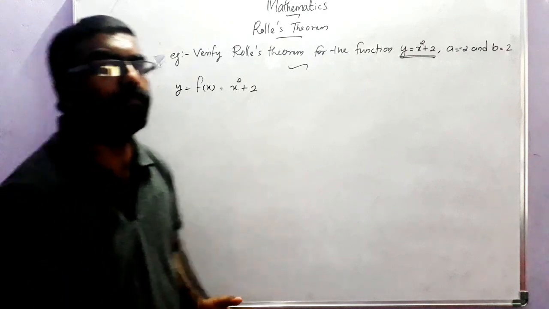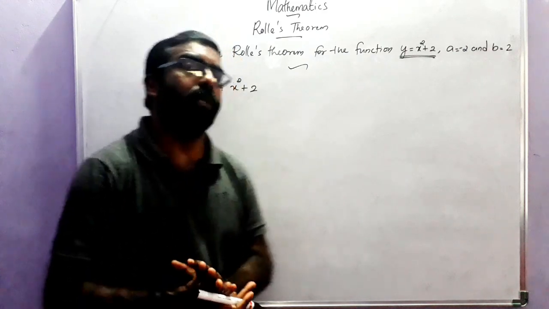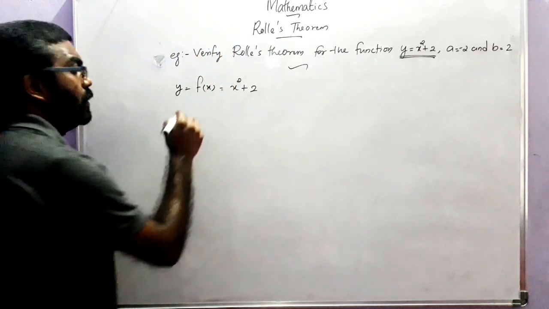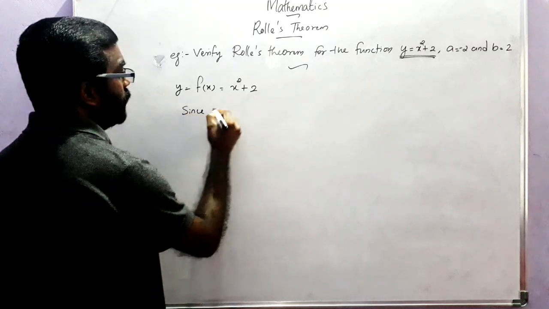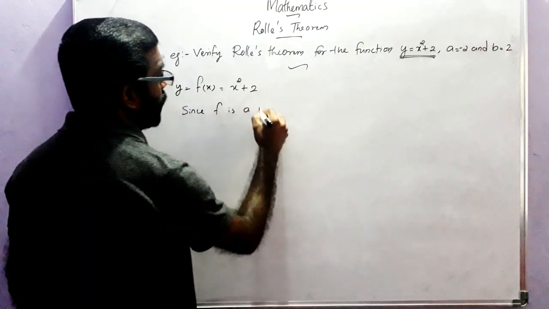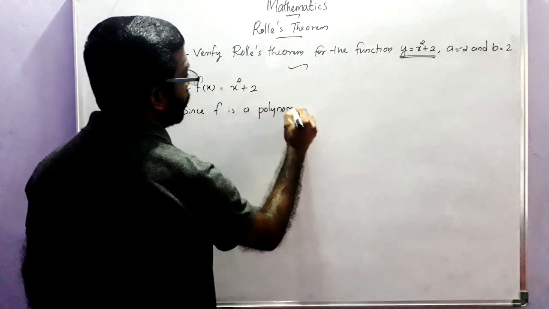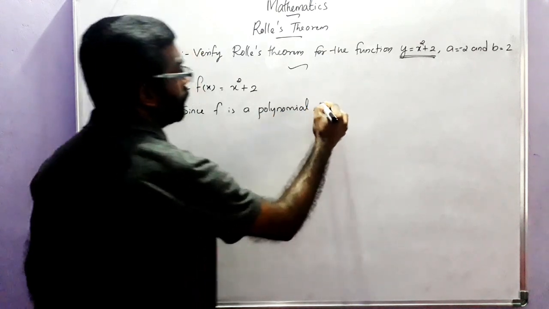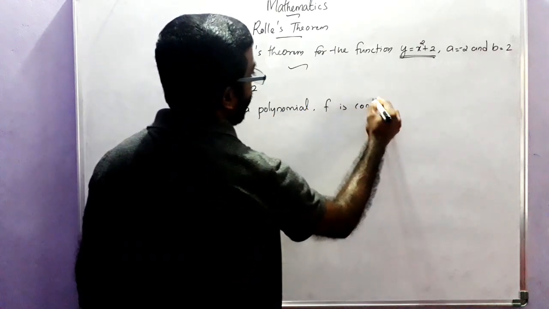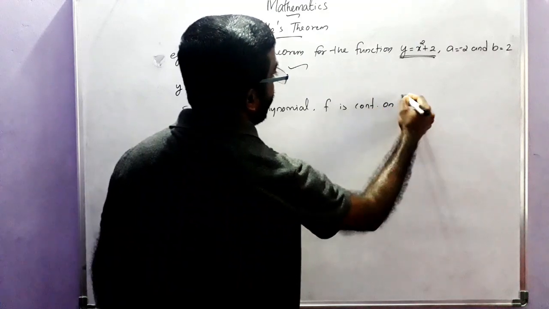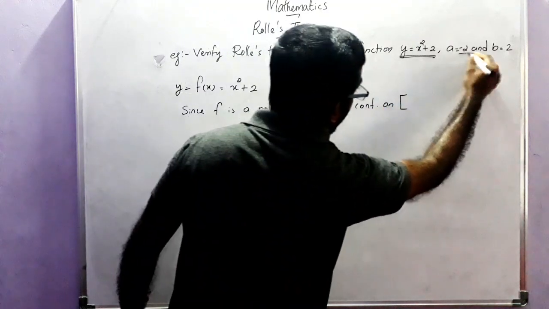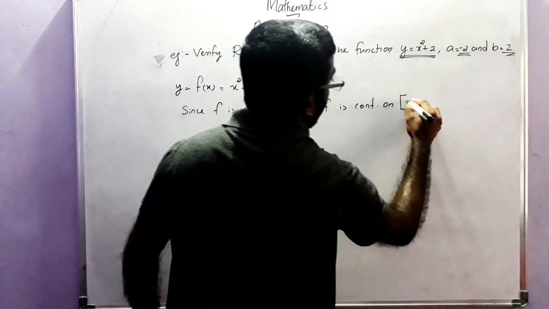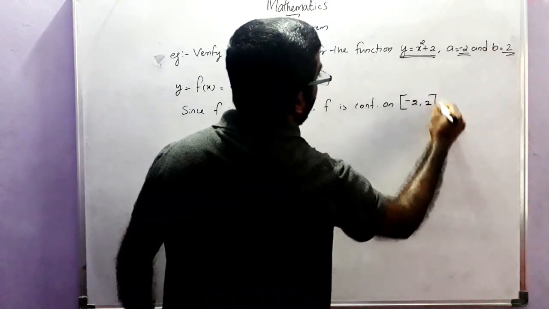We can draw the graph without lifting the pen from the paper. Understood? So we can write, since f is a polynomial, f is continuous on closed interval [-2, 2].